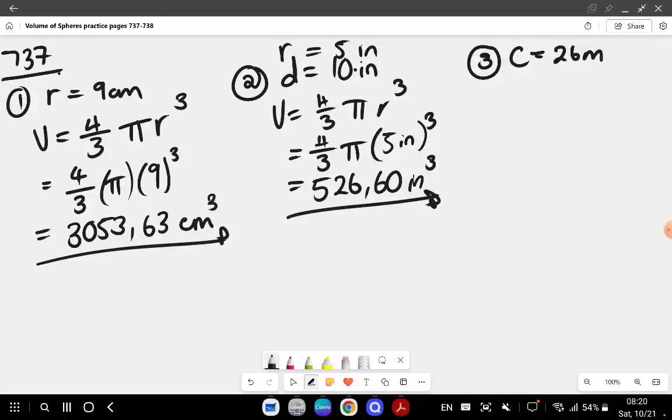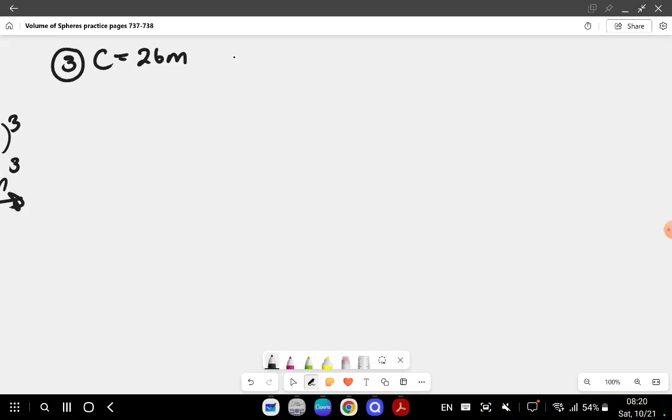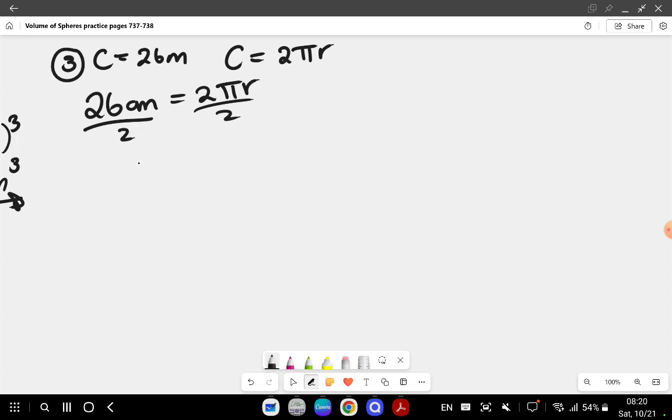Question number 3, they're telling me that the circumference is equal to 26 meters. Why is this relevant, or how does this play in? We need to know that circumference is equal to 2 pi r. So if 26 is equal to 2 pi r, I can divide both sides by 2, and I can say that 13 is equal to pi r, and then I divide both sides by pi.